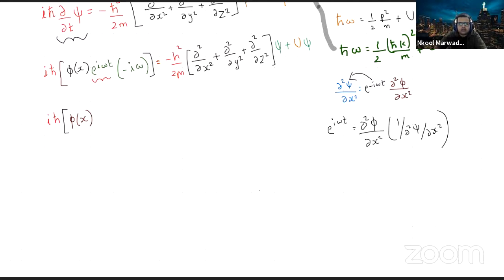Double derivative of phi with respect to x into 1 upon double derivative of psi with respect to x.